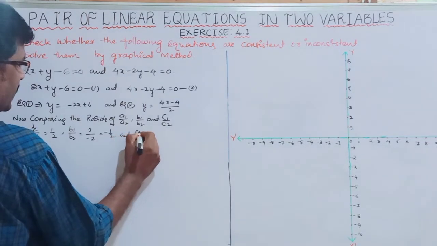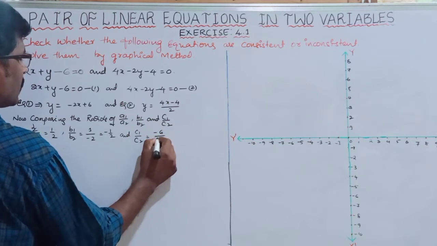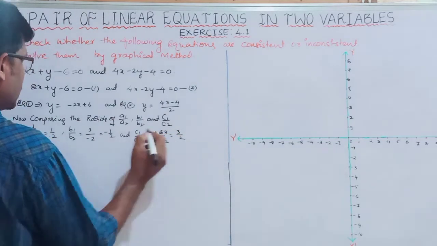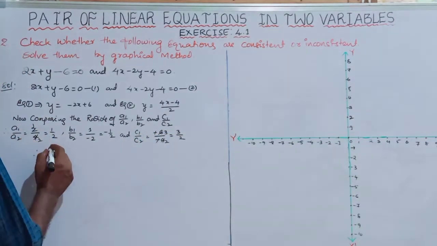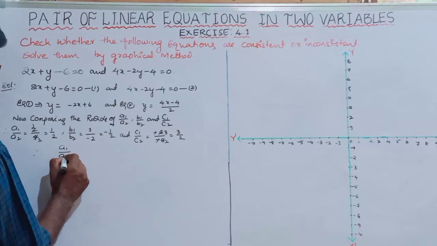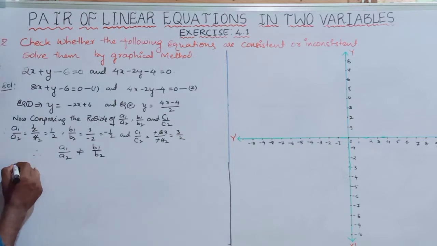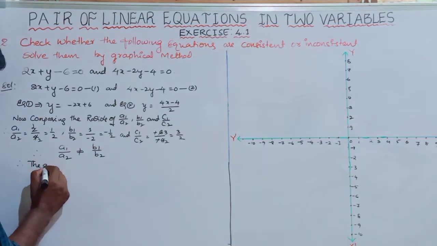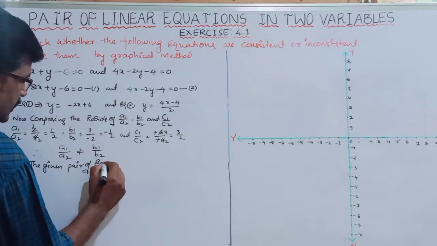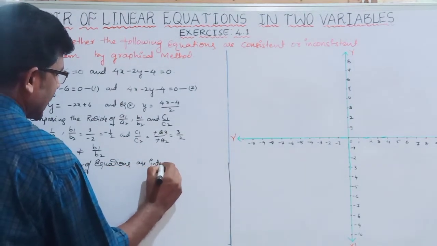And c1 by c2 is equals to minus 6 by minus 4. Minus minus gets cancelled. 2 2s are 4, 2 3s are 6, 3 by 2. Therefore, the comparing ratio of these two equations becomes a1 by a2 is not equal to b1 by b2. Therefore, the given pair of equations are intersecting lines.